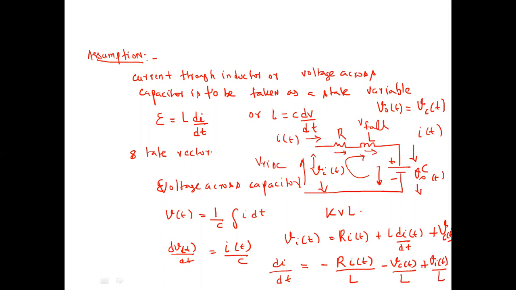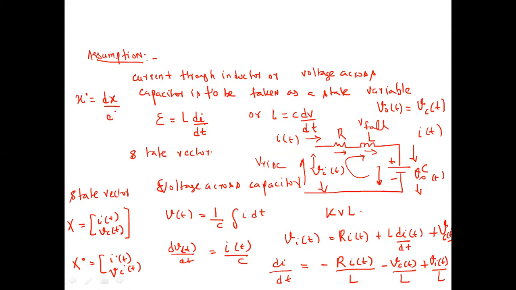Now if I want to write this equation in a state vector form, I can express it like this. The state vector x would be I of t and Vc of t. Similarly, x dot would be I dot of t and Vc dot of t. When I write x dot, it means the derivative dx by dt.